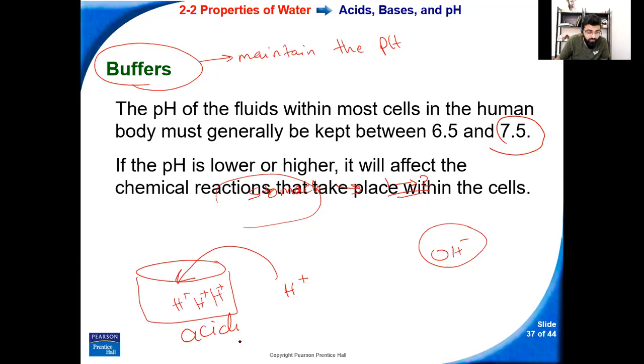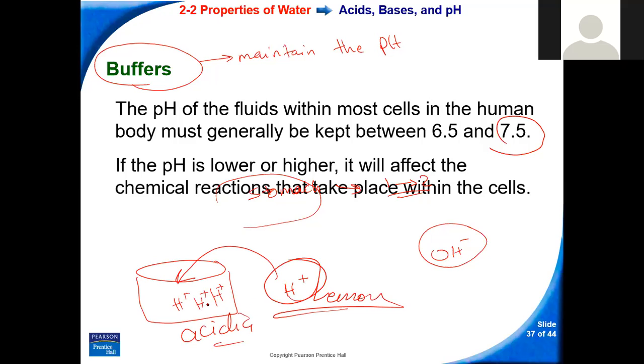That's what we learned, right? So if you drink lemon juice, which has more H pluses, that would increase the concentration of H plus in the blood, so it makes the blood more acidic. This is the logic. But in reality, the pH of blood does not change.